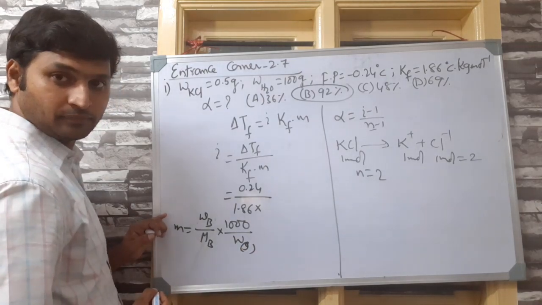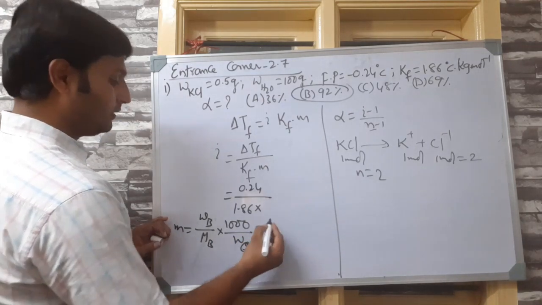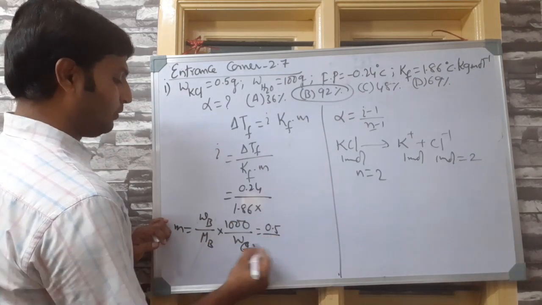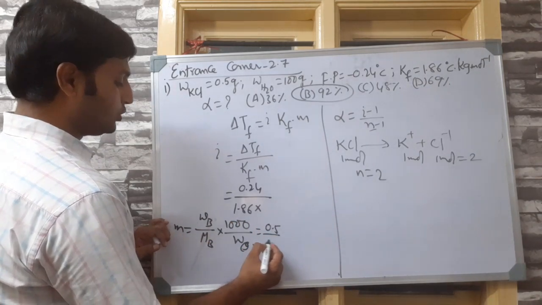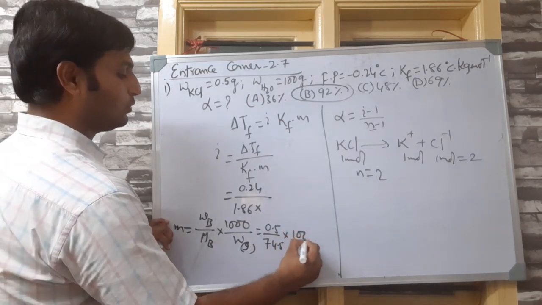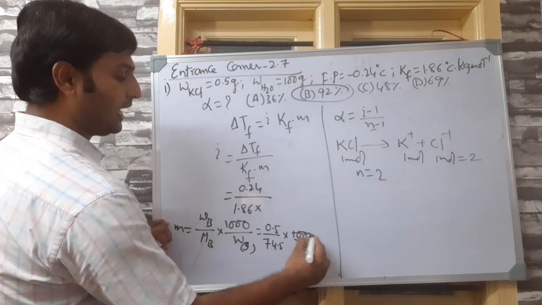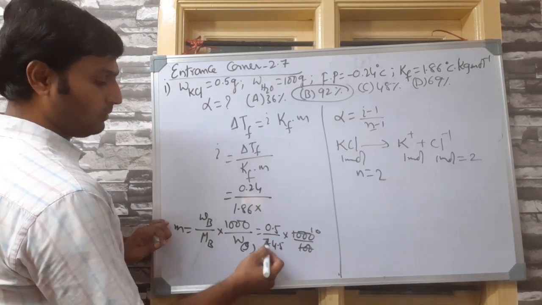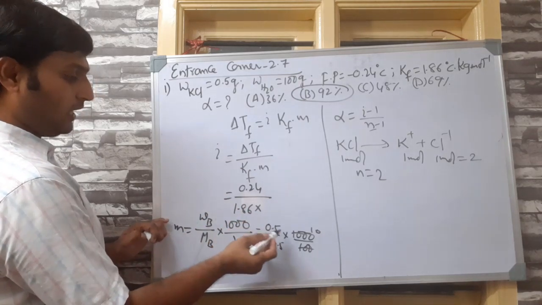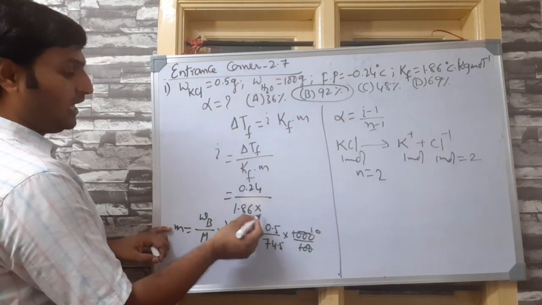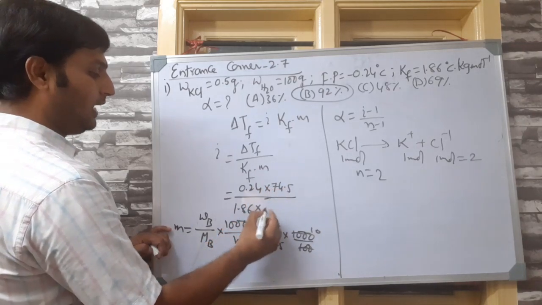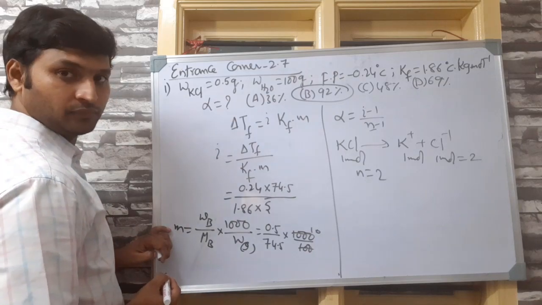If you substitute here, weight of solute is 0.5 divided by the molar mass of solute, 74.5, as we know already, into 1000 divided by 100. 100 will divide 1000 10 times, 0.5 into 10 will be 5. Let me substitute here. Molality will be 5 by 74.5.